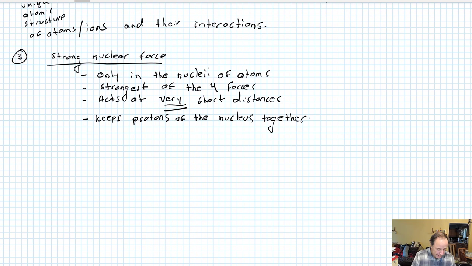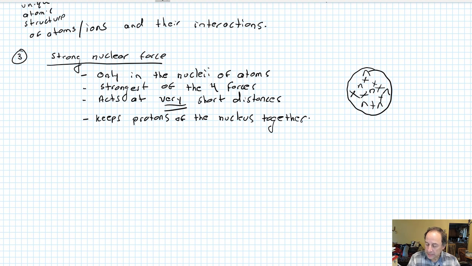Now, if you think about the anatomy of an atom, and we think of a bunch of protons, all those plus signs are protons, and you've got some neutrons in between there. These protons that are very close together are going to have a very strong nuclear force, and the electromagnetic repulsion between them is going to be very small by comparison.